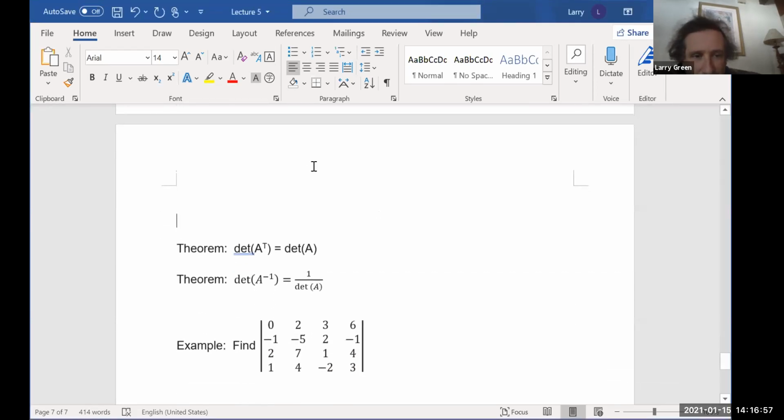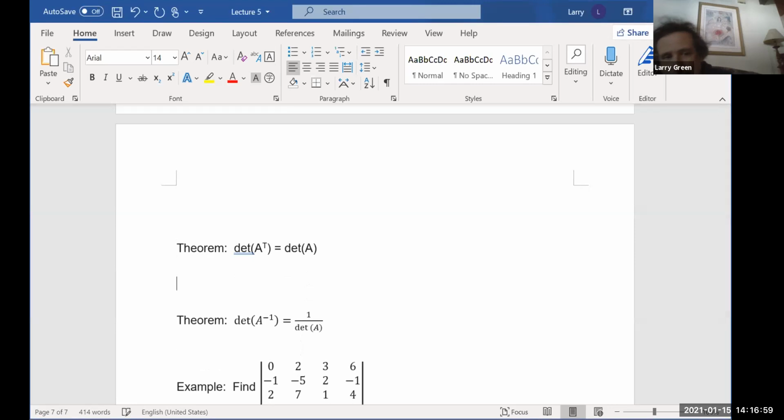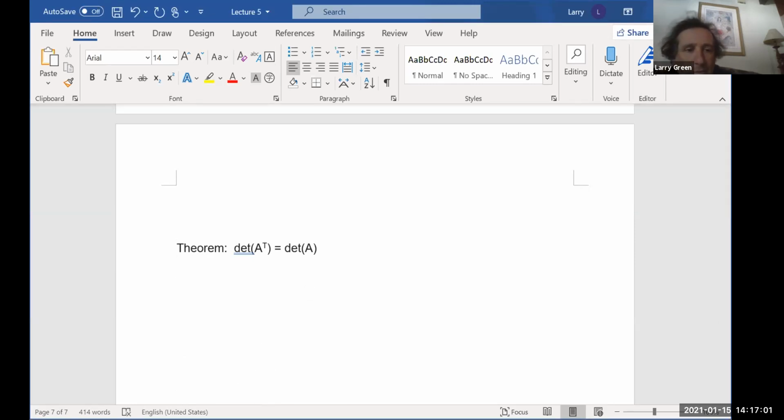Okay, now the next theorem. And that is the determinant of A transpose is the determinant of A. Isn't that a beautiful theorem? So the determinant of A transpose is the determinant of A. So for example, by the way, let me give you an example.